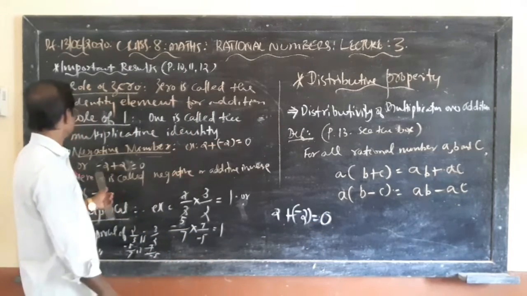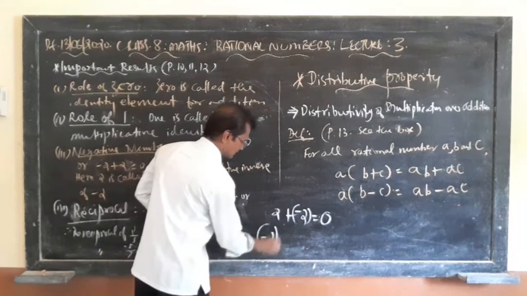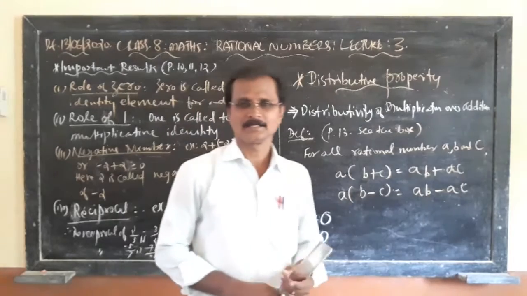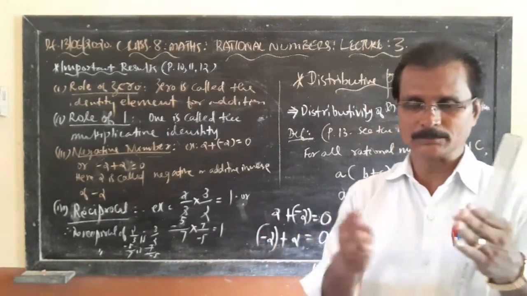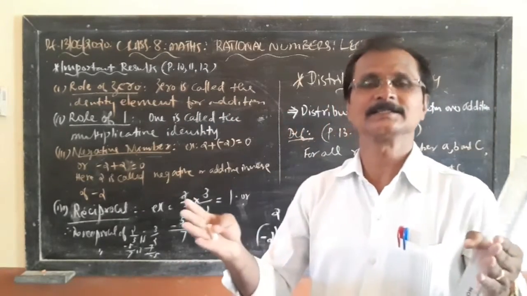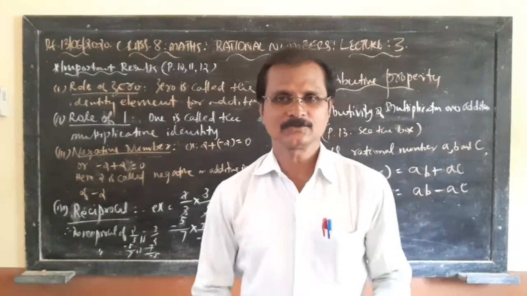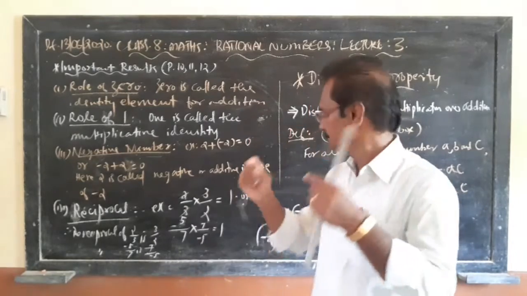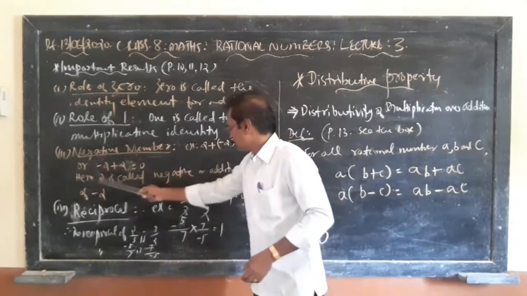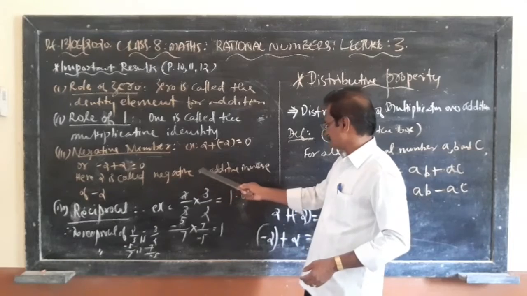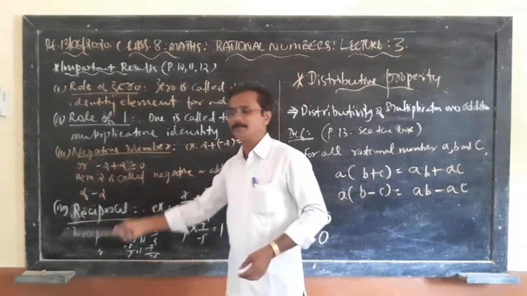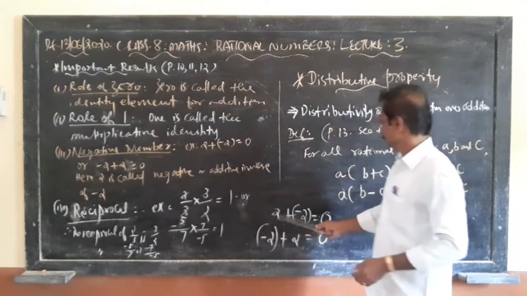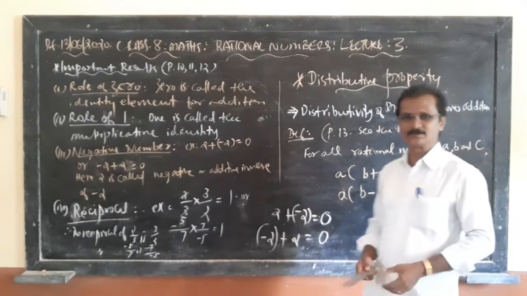A second example, minus 2 plus 2, then also you will get 0. If you add two numbers and their sum equals 0, then you can say each number is the opposite of the other. Here 2 is called the negative or additive inverse of minus 2, because if we add 2 plus minus 2, you get the answer 0.